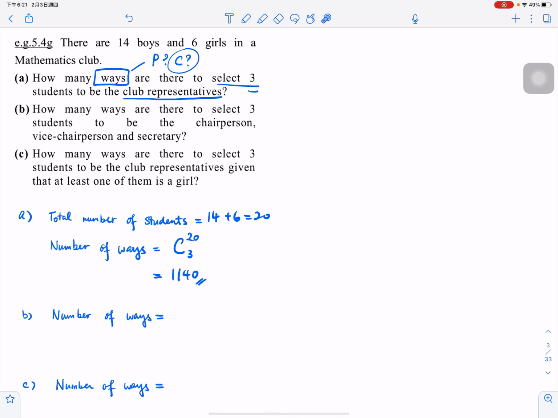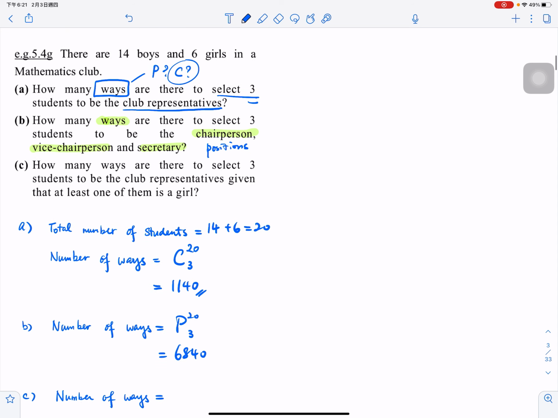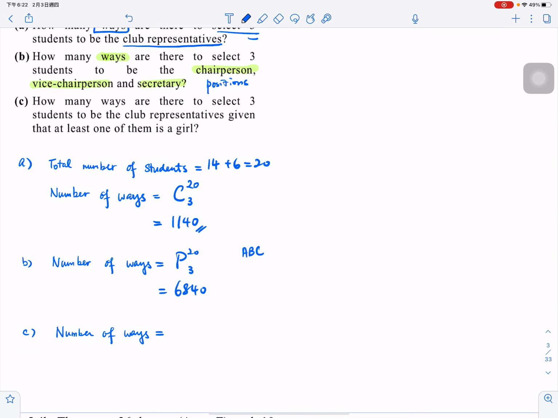But part B, you need to choose the number of ways to be different positions. You have different positions here, right? So the number of ways, that means P, 20P3, 6,840. For example, you choose A, B, and then G. So A, B, G, these 3 students, you can make chairperson, vice chairperson, and secretary.